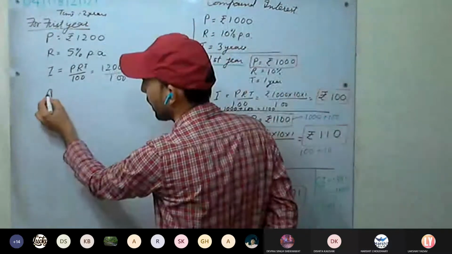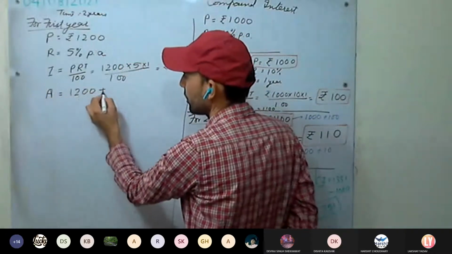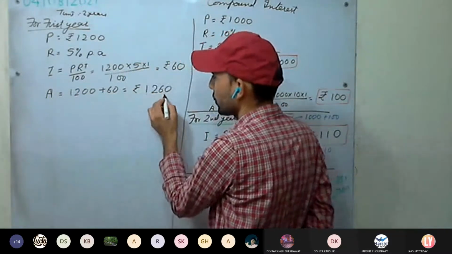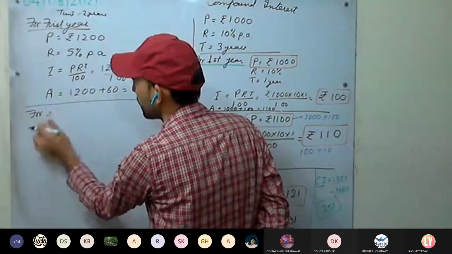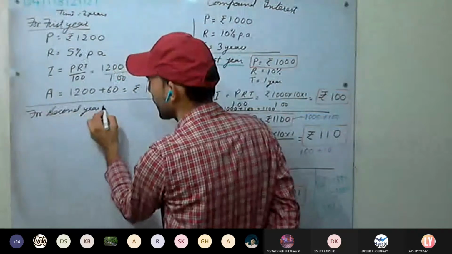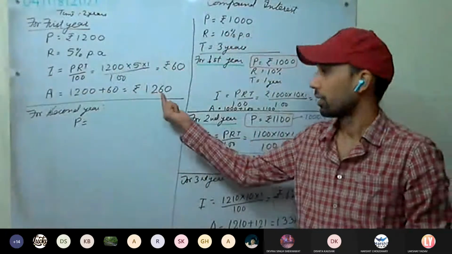So amount will be how much? 1,200 plus 60. So this is the amount. Now for the second year you calculate. Second year principal will be what? 1,260.